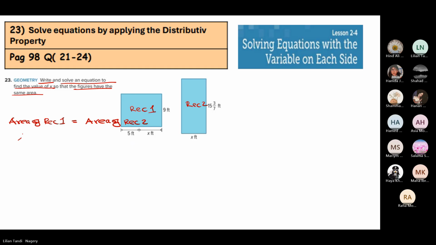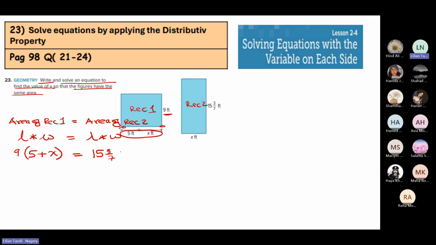I find area by multiplying length and width. The distance from here to here, I have to add these two. So I will take my length as 9 and my width as 5 plus x. And on this side, I will take my length as 15 and 3/7 and I will multiply by x.